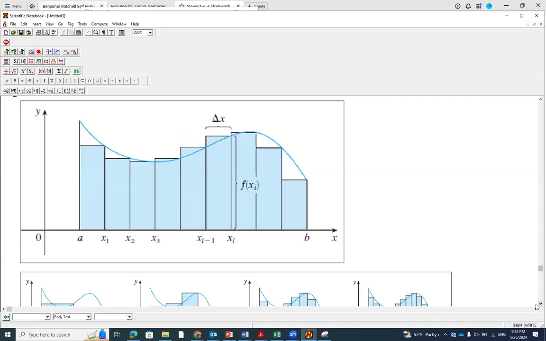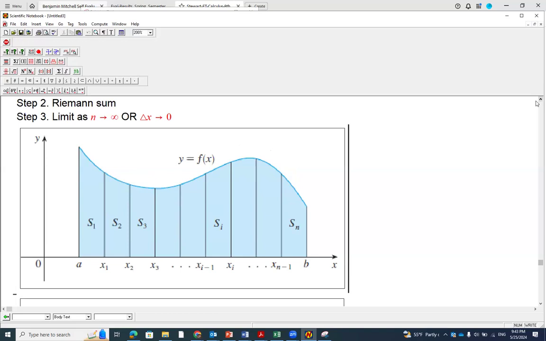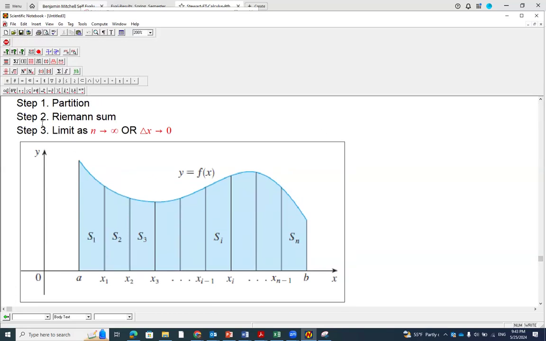We have a proved theorem to demonstrate it doesn't matter which point we choose. If it's a continuous function, the limit always exists. After partition and Riemann sum, for n approaching infinity, it doesn't matter which point we choose in each subinterval: left, right, anywhere in between.